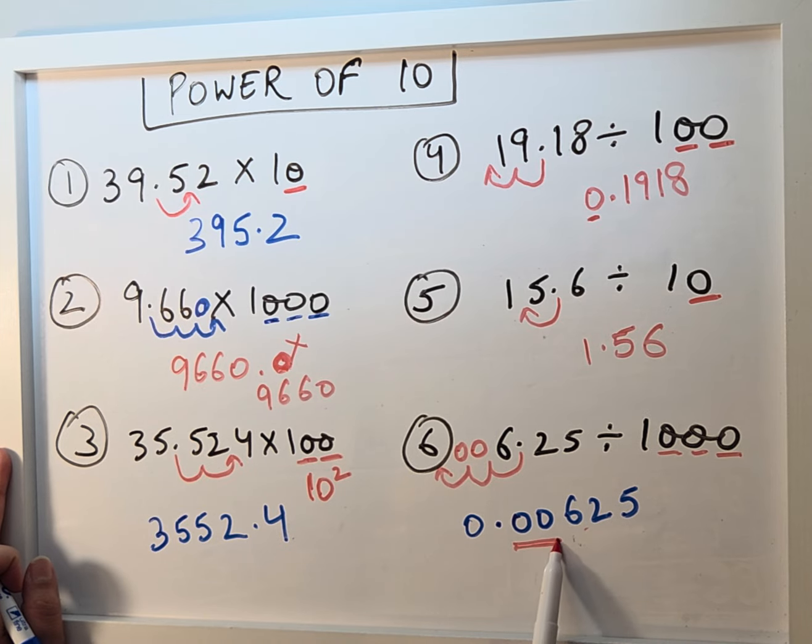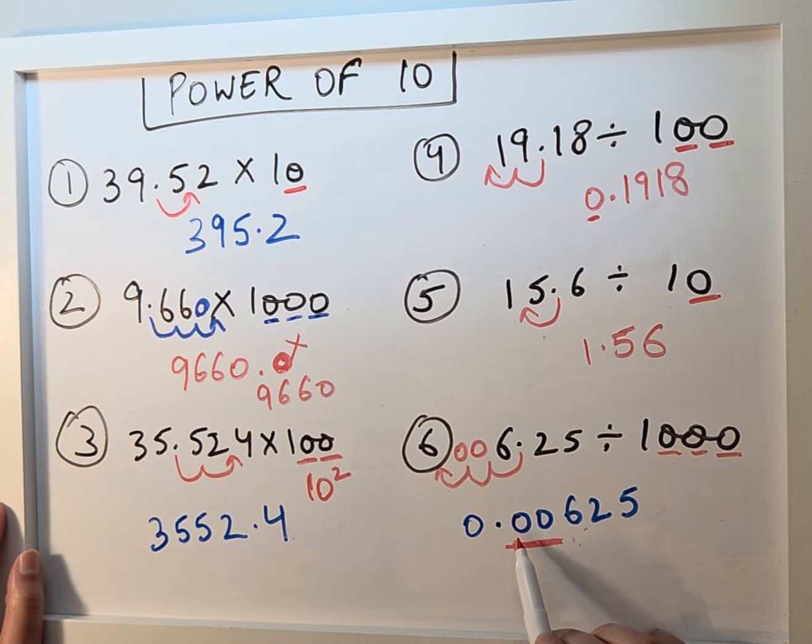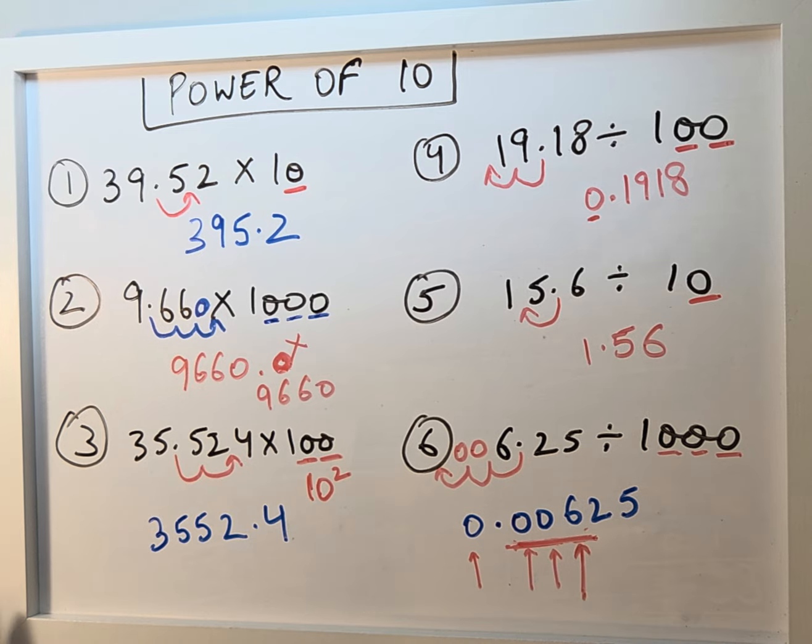Otherwise, these zeros have a value, like we did in our place values class. This position is called the ones, this is called the tenths, this is called the hundredths, and this is called the thousandths. So these zeros are making this position thousandths. So these zeros are adding value to the number.